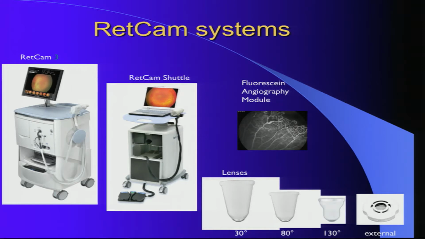With Retcam 3, you can also do fundus fluorescein angiography. You do have different lenses available. Most of us use the 130 degree lens for retina because we need wide field imaging. But there are other lenses if you need a more magnified view as well as for imaging the anterior segment.